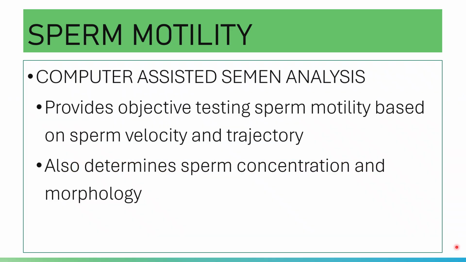Computer-assisted semen analysis provides an objective testing of sperm motility based on sperm velocity and trajectory, because the manual method has bias. Maybe for me it is motile, it is fast, it is progressive, but for you it is slow, non-progressive.